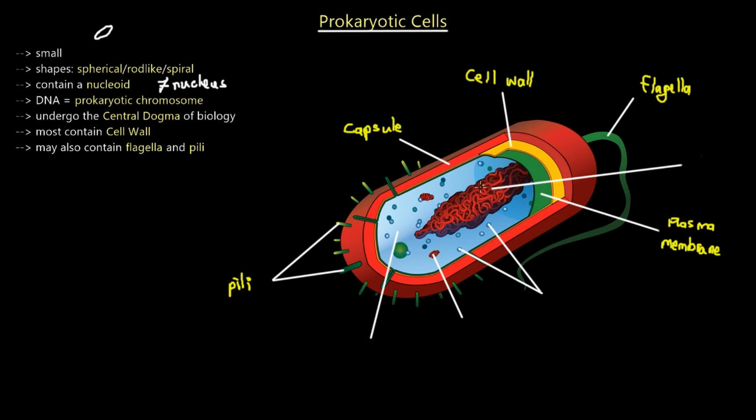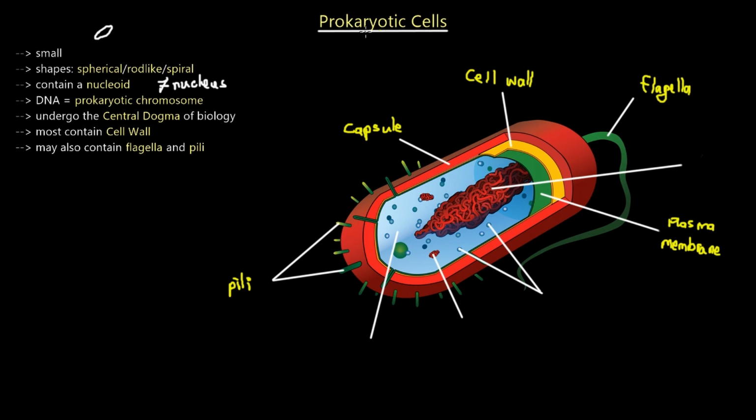Looking next at this structure pointing right in the middle of the cell, and it has all these convoluted chains, that's the genetic material of a prokaryotic cell. Now, as you can see, this genetic material is not surrounded by any sort of membrane like it would be in a eukaryotic cell.